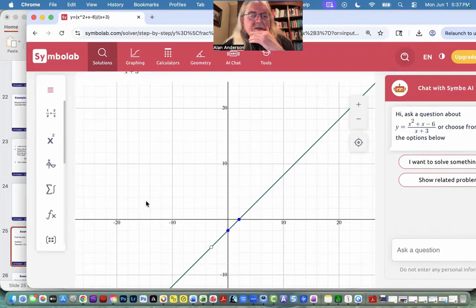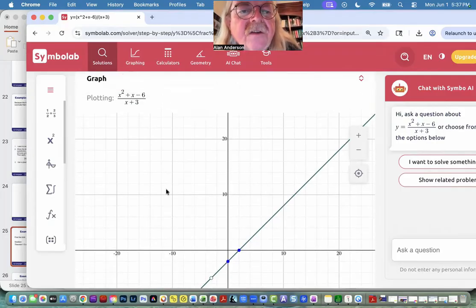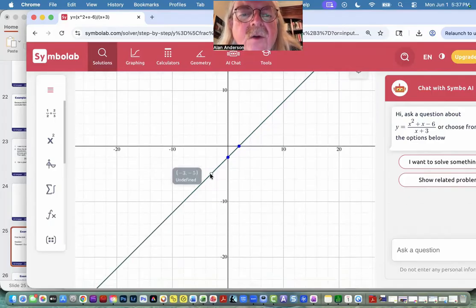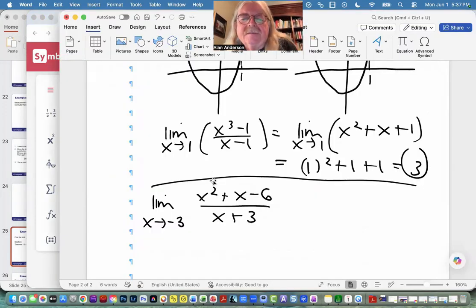Huh, interesting. So remember, we're trying to find the limit when x is equal to -3. That's right here where this hole is. Okay, it's undefined at the point -3, -5. So what are we going to do about it?